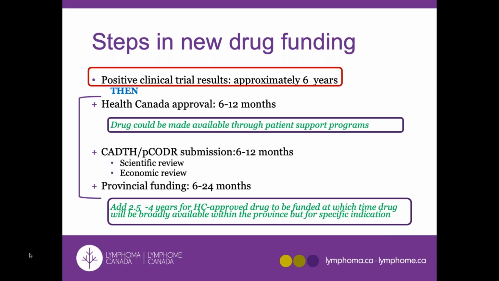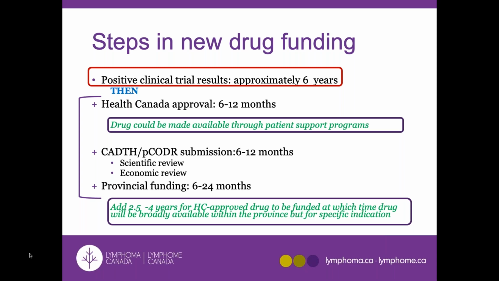Is the drug cost effective compared to drugs that are currently used in the clinic? And if there is a positive review from CADTH or pCODR, the next step is for the individual provinces. Now, the CADTH is a Canadian organization.